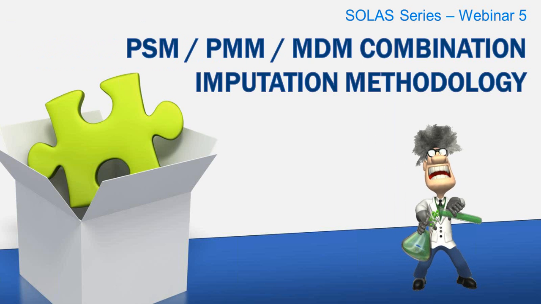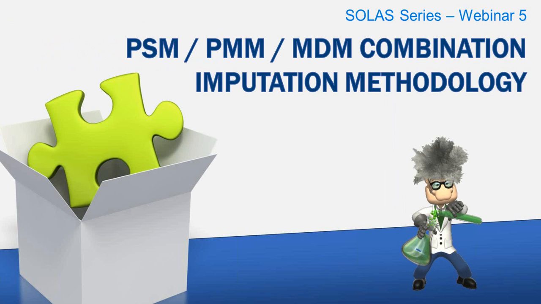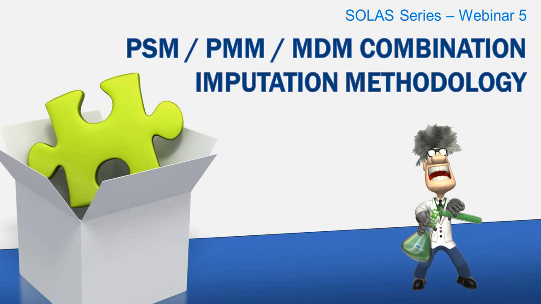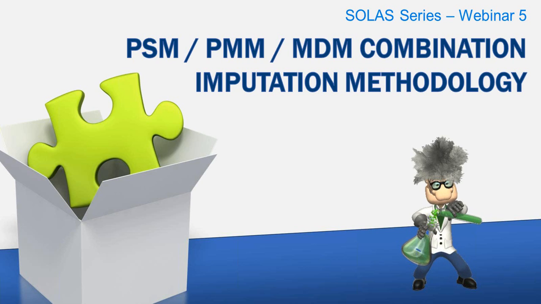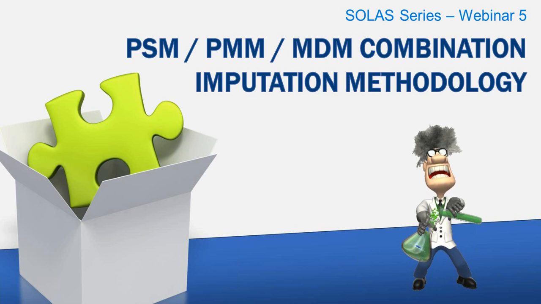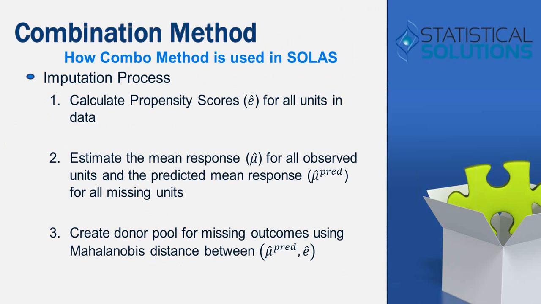So when we took these three methods and we combined them, there was method to our madness. It takes the best parts of each model and they compensate for one another, and we think it gets the best result. So what I'm going to do now is run through the process behind the combination method, and I'm going to keep this quite simple.